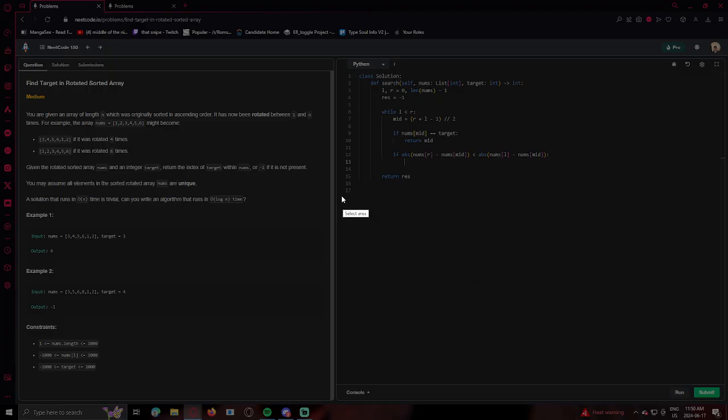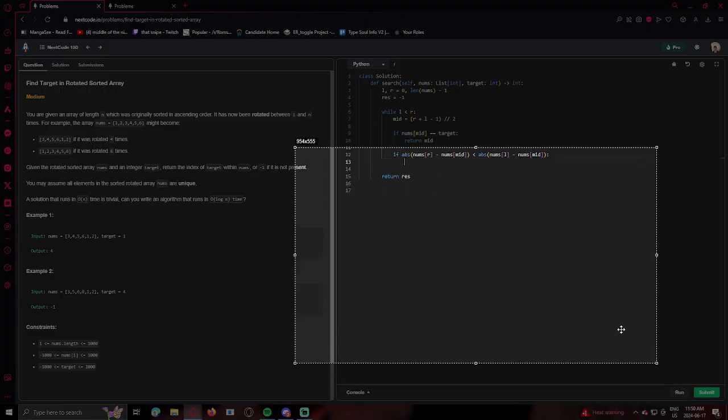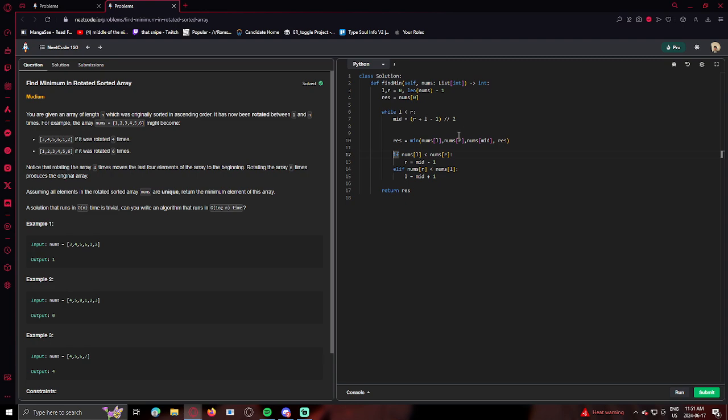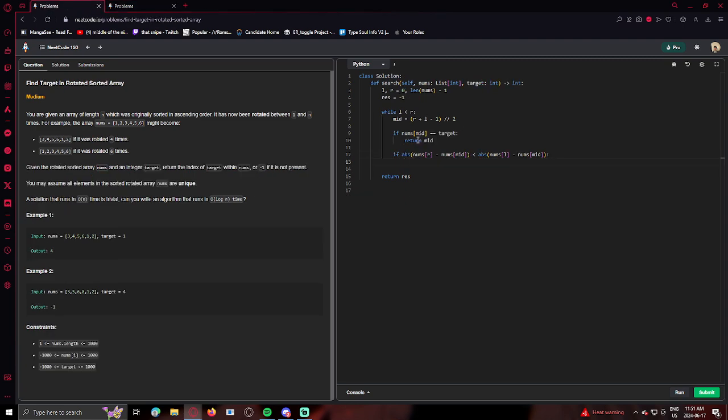So let's look at it. If nums at R is less, then the right side is closer. R, mid, left, so left is going to become mid, so L equals mid plus 1, else R equals mid minus 1.